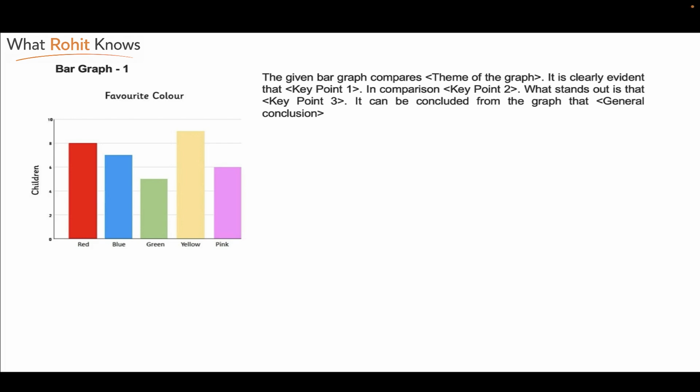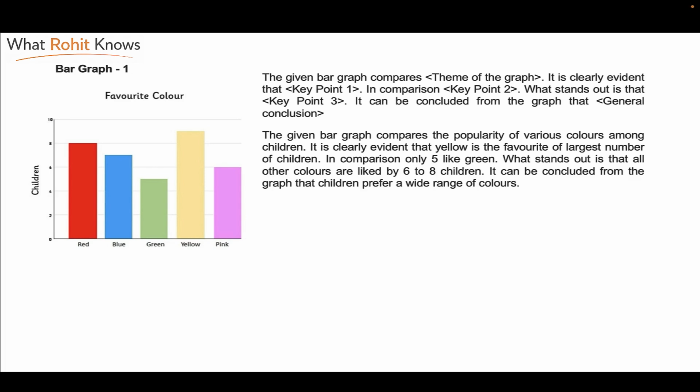So this is a good template, but it is specific. It is designed to capture as much relevant content as possible. An example related to this question: the given bar graph compares the popularity of various colors among children. The template is there, but it still expects that you are able to understand what the image is and form at least some sentences.